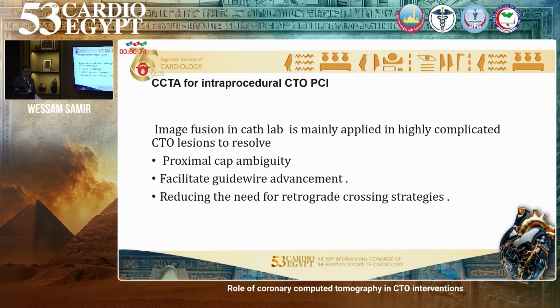Okay, so is there something new about it? Yes. Nowadays, we can do something called imaging fusion in the cath lab, or co-registration. You can get your CT coronary angio images for the CTO segment and visualize the proximal cap to facilitate guide wire advancement and reduce retrograde crossing strategies.